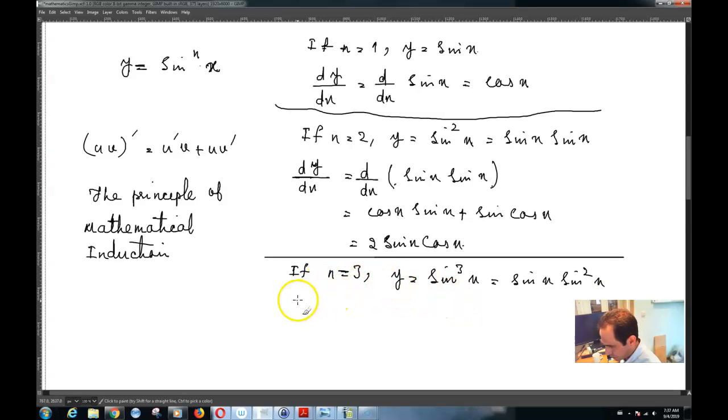And so then dy by dx is going to be equal to d by dx of sine x times sine squared x.